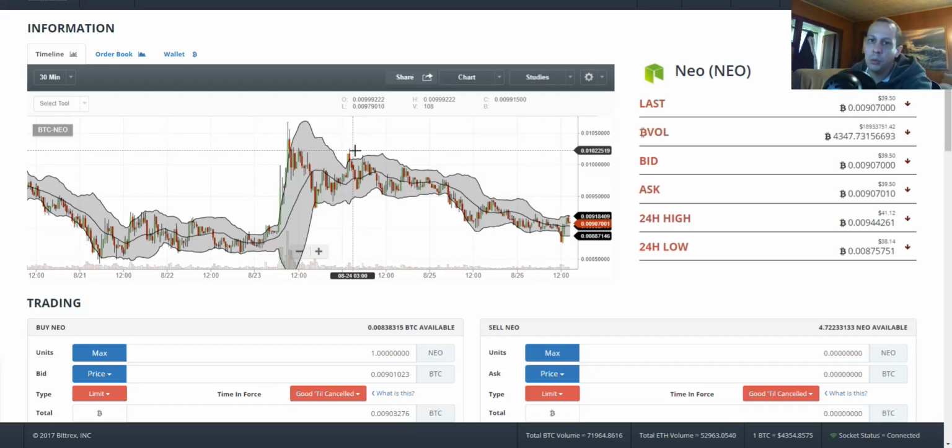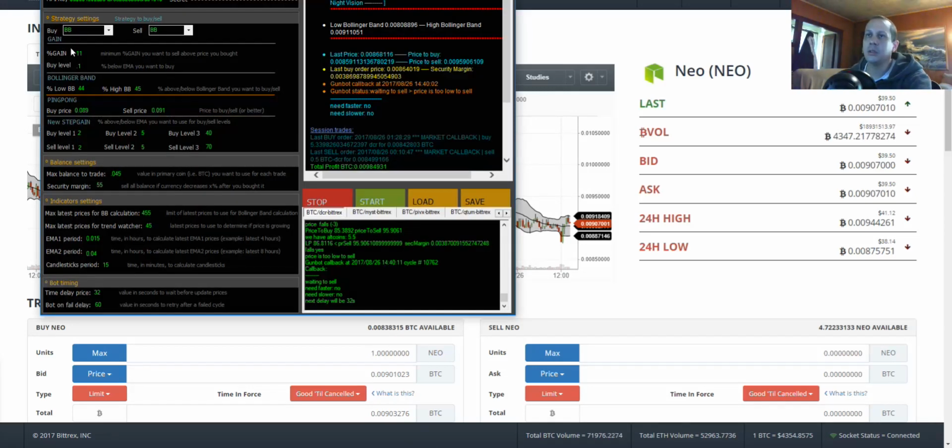Okay, I like to keep my high band actually pretty high because the other factor that determines when you sell is your gains. So you could set your gains low and your high band high and get good sells, or you could set your gains high and your low band high and also get good sales, but only when you make a good percentage gain.